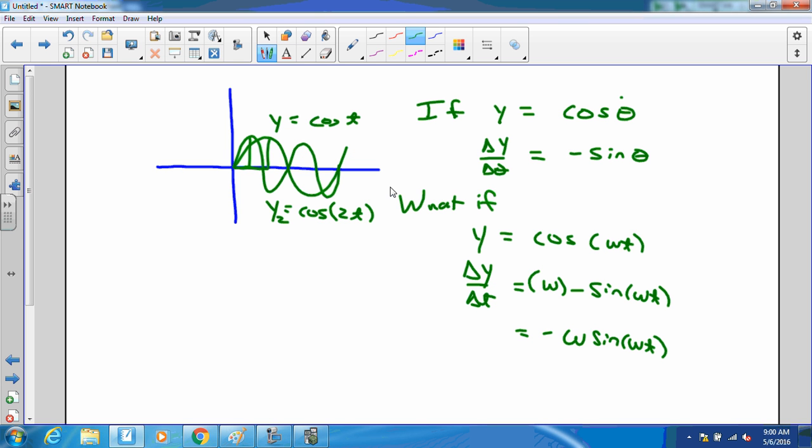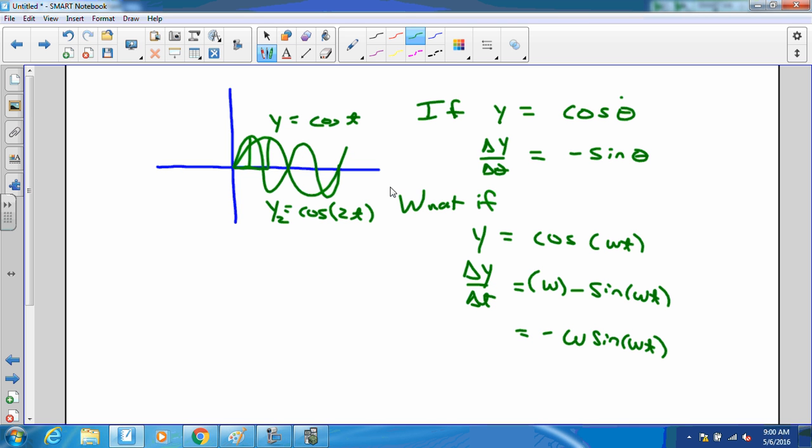What if omega is less than 1? Yes, that's a great point. If omega is less than 1, which does not happen with our generator, because that would mean we are turning really slowly, but it might happen with some massive generator that can only turn really slowly, notice that we actually get a rate of change that is slower than sine omega t, because with an omega less than 1, I'm actually expanding my graph and making my slopes even lower, because my tangent lines are also expanding in the t direction.